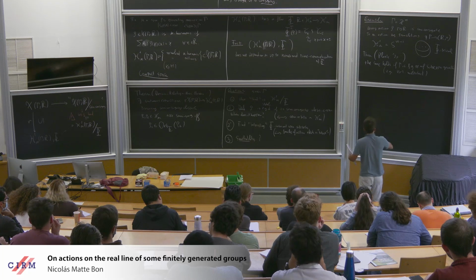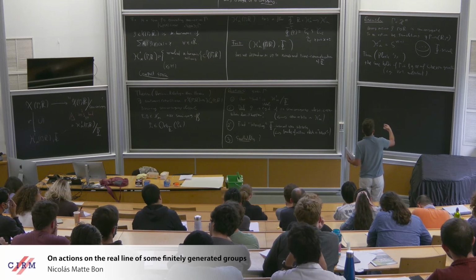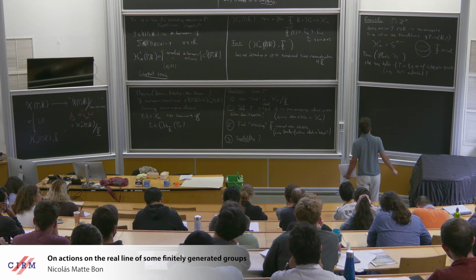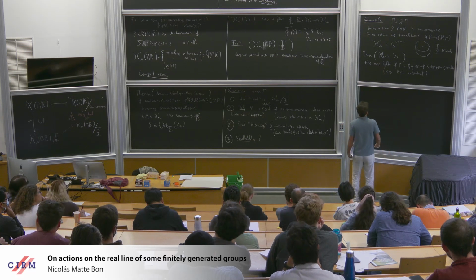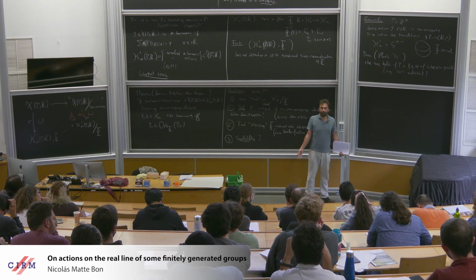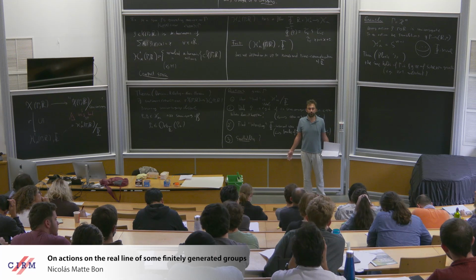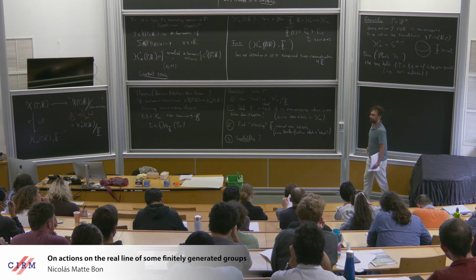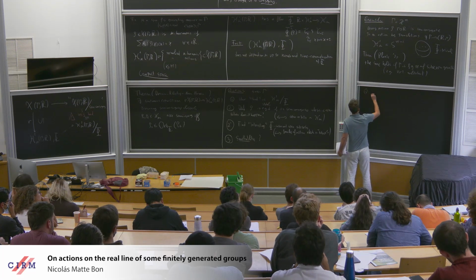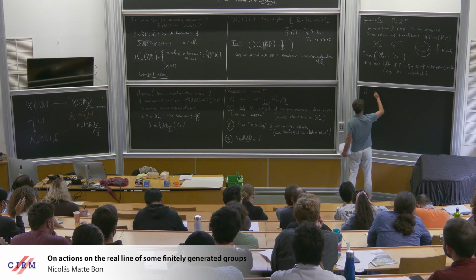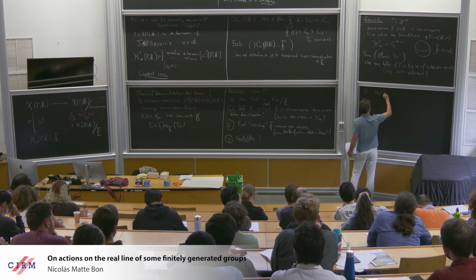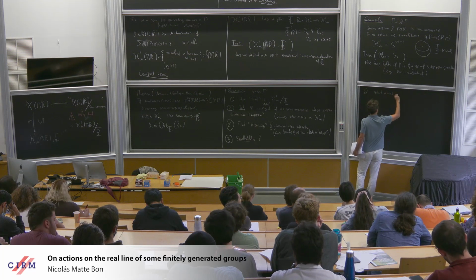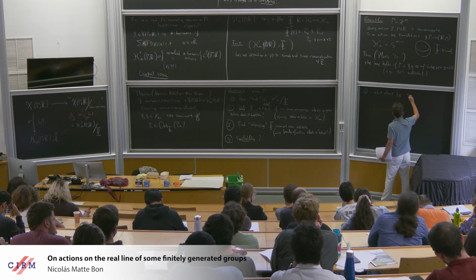And what is a natural next class of groups to look at? Well, what is somehow the smallest group of exponential growth? Well, one is very tempted to look at solvable groups. What about finitely generated solvable groups?